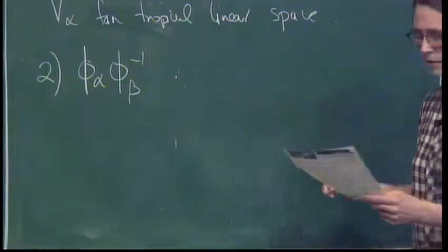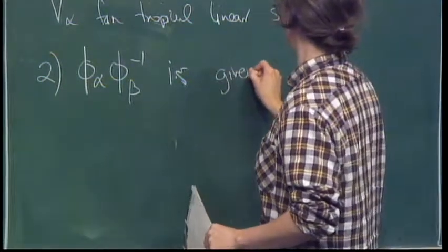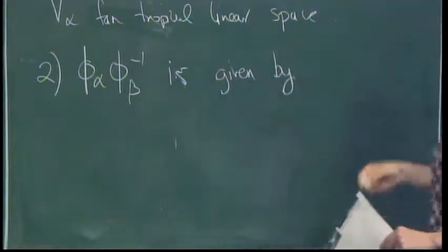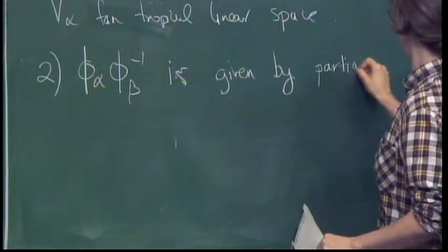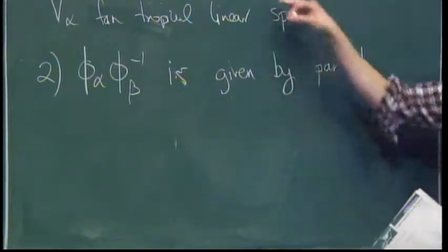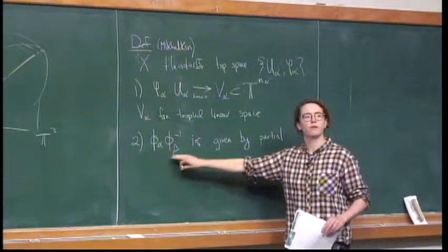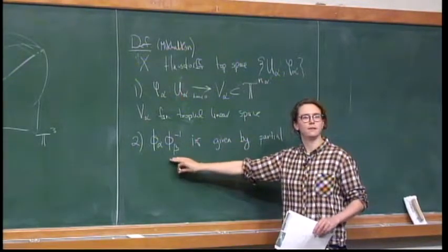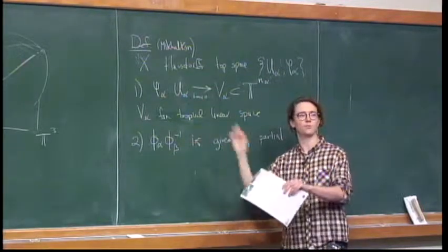We don't need the map to be defined on all of T^n beta if our open set U alpha intersect U beta doesn't land somewhere on the boundary.